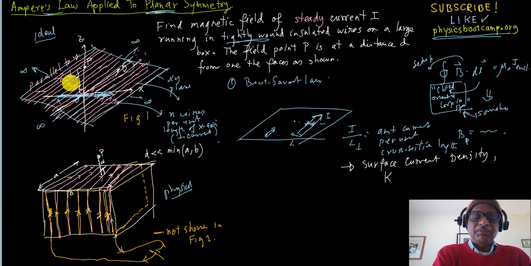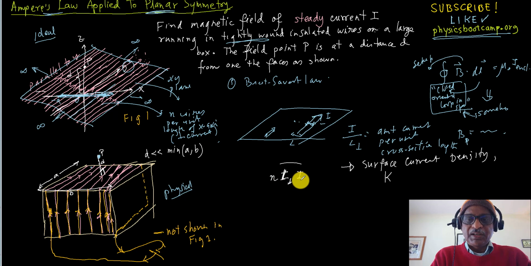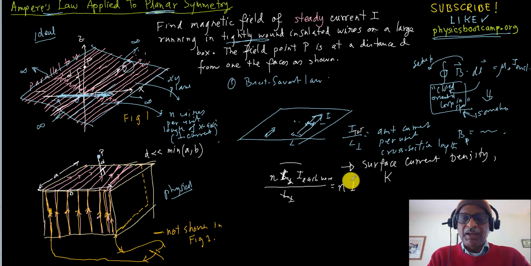In this situation, you have n wires per unit length, so n times L perpendicular, and each wire is carrying current I. So the total current that went through is n L times I in each wire, divided by L. You can see that this is simply equal to how many wires per unit length perpendicular to the wire, times the current I in each wire.